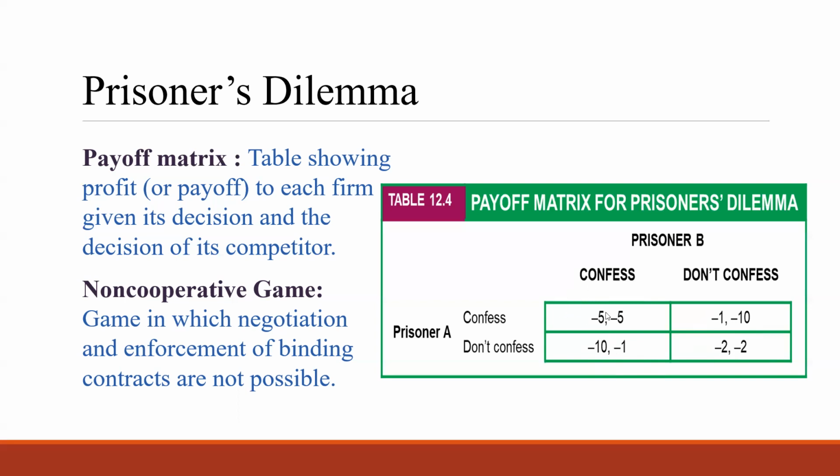And when they both confess, it's 10 years. So here, if we only look at the aggregate numbers, not confessing is the best. And when will that happen? It's more likely that both will choose not to confess if they could collaborate.